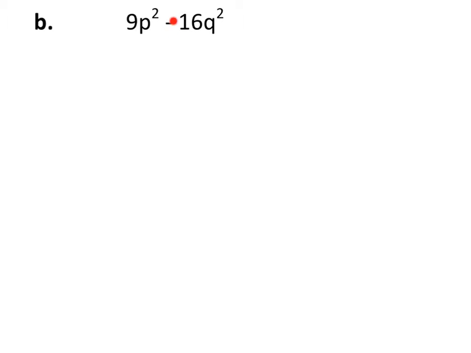The word difference means take away, and then we can quite clearly see our 2 squares. It's not quite ready to be factorised the way it is, because part of each term isn't in fact getting squared at the moment. So we need to make it something squared, take away something else squared. So that would be 3p all squared, take away 4q all squared.